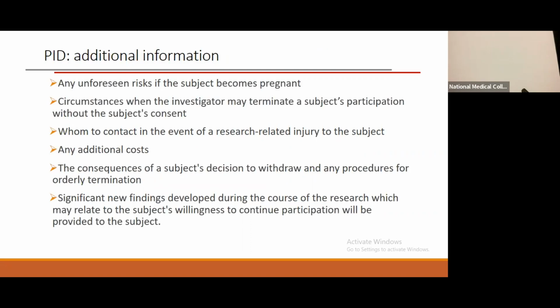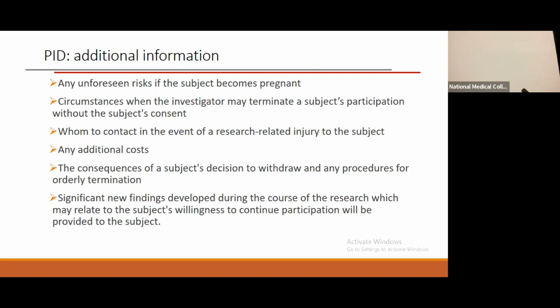Then your information document also needs to have some additional information in special situations, like if a patient becomes pregnant. Because most of the intervention trials would say that person should not be pregnant, but there can be pregnancies which may not be planned. So what should be done at that time? Then sometimes the investigator may terminate a study. A patient is getting a lot of benefit and suddenly you decide the study has been terminated.